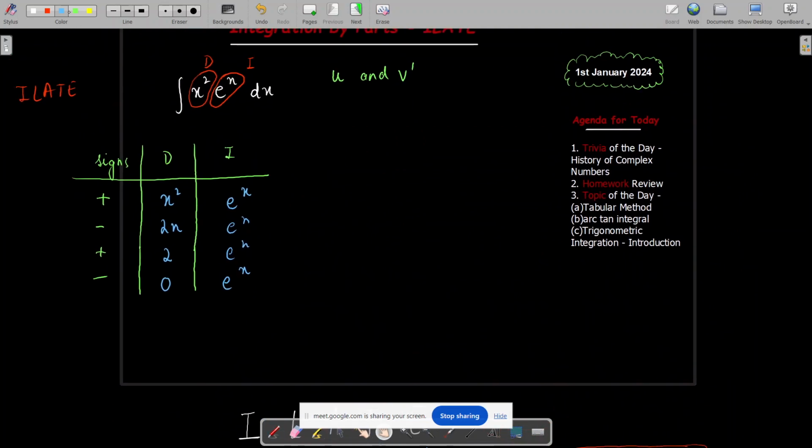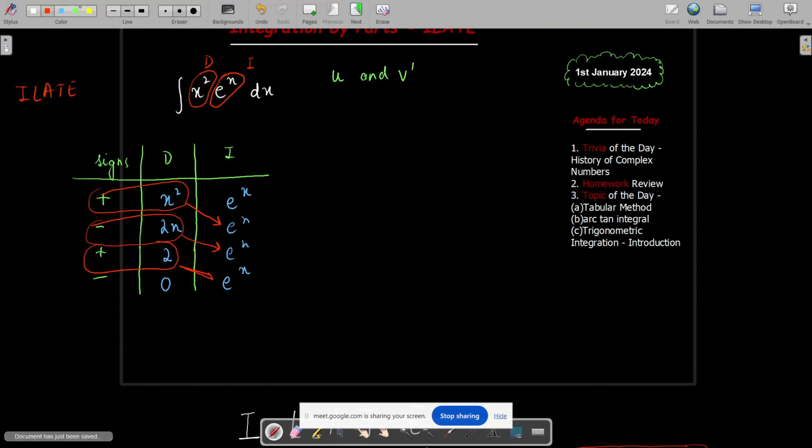Okay, now what do we have to do? We start with these two and multiply with this term, then take these two and multiply with this term, and then take these two and multiply with this term.